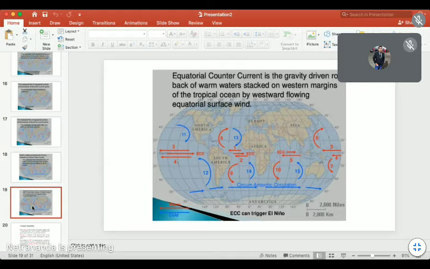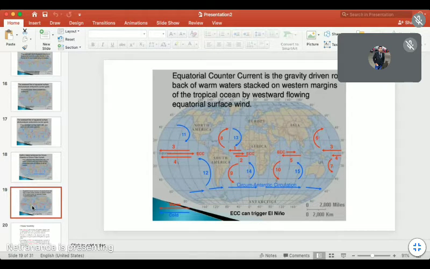And again, this equatorial counter current is the gravity-driven rollback of warm waters stacked on the western margin of the tropical oceans by westward flowing equatorial surface winds. You see this equatorial counter current, ECC, in between 1 and 2, 3 and 4, and just above 5.